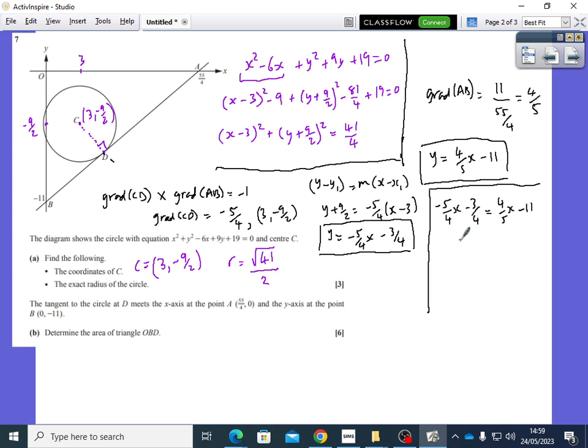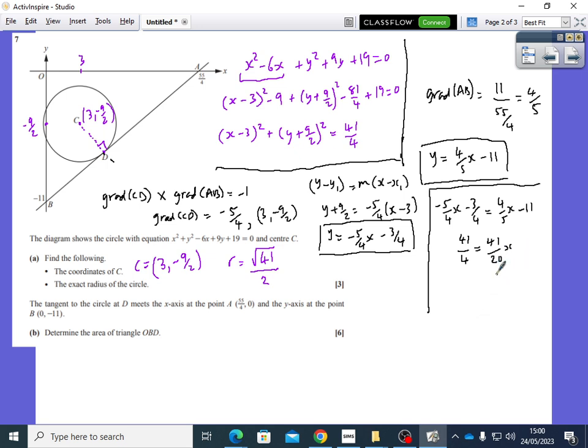I'm going to get 41 over 4 on this side, and on this side, if I do 4 over 5 and add 5 over 4, I get 41 over 20 x.